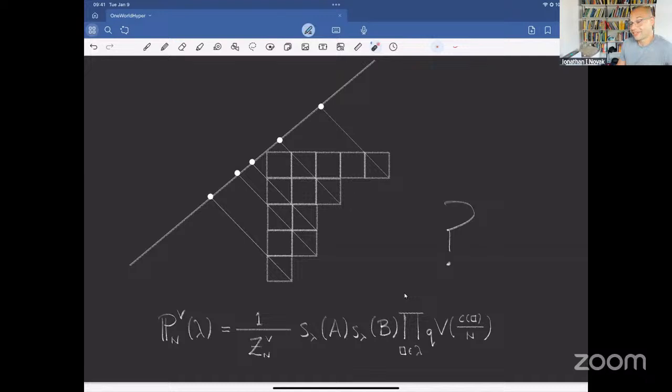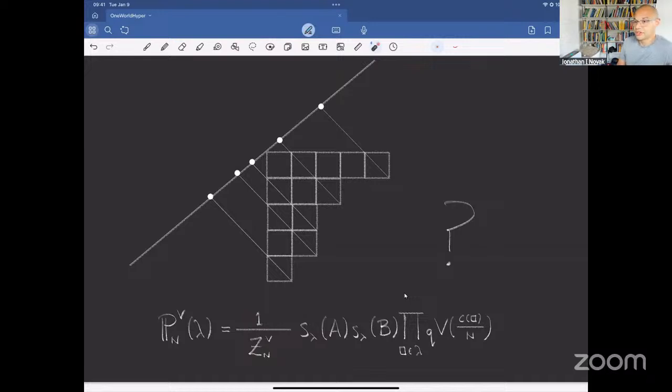And what Okounkov did when he introduced the Schur measure was he solved that problem in the case where there is no potential. That's why I'm calling it this exactly solvable case. He did give a formula for the correlation functions of this point process when your diagram lambda follows the Schur measure.